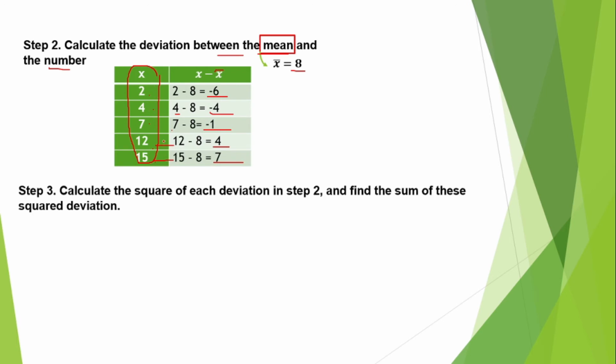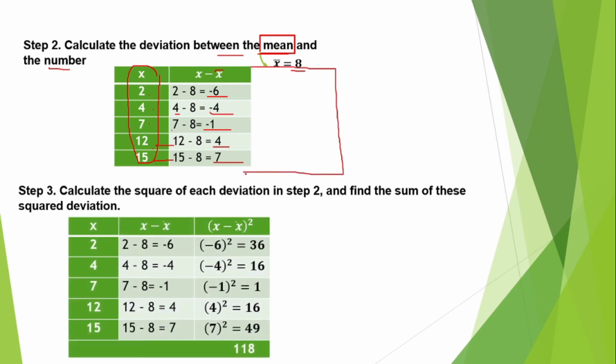And in step 3, calculate the square of each deviation in step 2 and find the sum of these square deviations. So, in this step 3, we need to add one more column to the table. This is our mean.